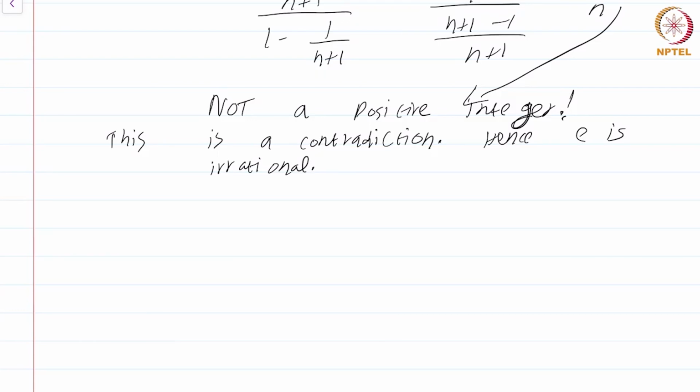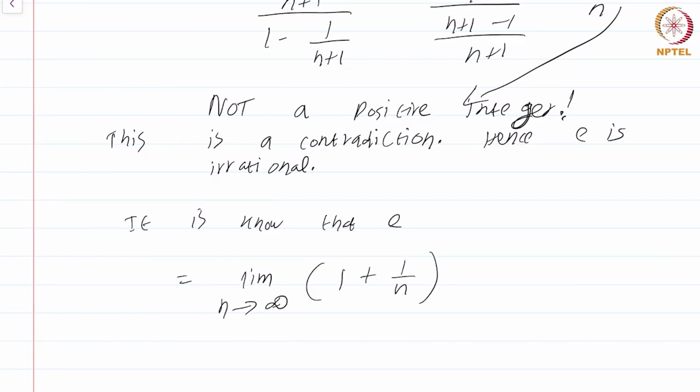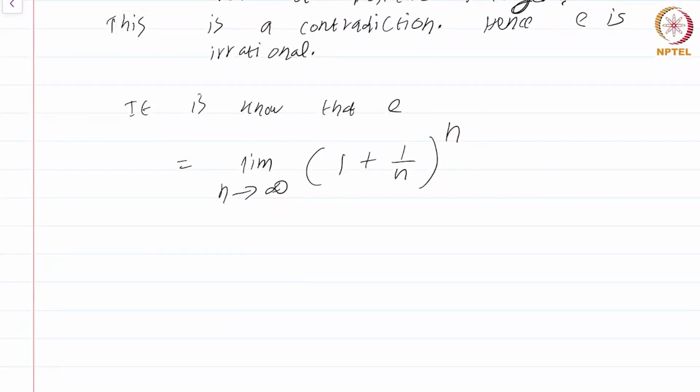It is known that e can also be defined as the limit as n goes to infinity of 1 plus 1 by n, the whole power n. Okay, so e is also equal to this limit. Why is that? Why is the series that we have defined also equal to this limit?